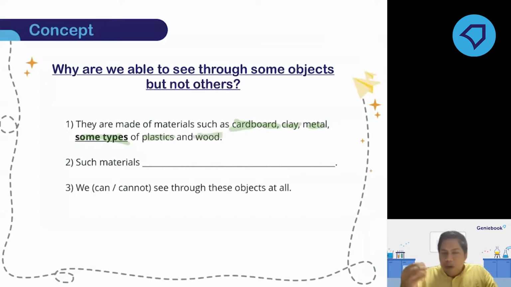Who can tell me why do I say only some types of plastic and wood? Good, Edricus, because some plastic can allow most light to pass through, some plastic allow only some light to pass through, and some don't even allow light to pass through. Like Urantan mentioned, metal, Yixiang, and so on.